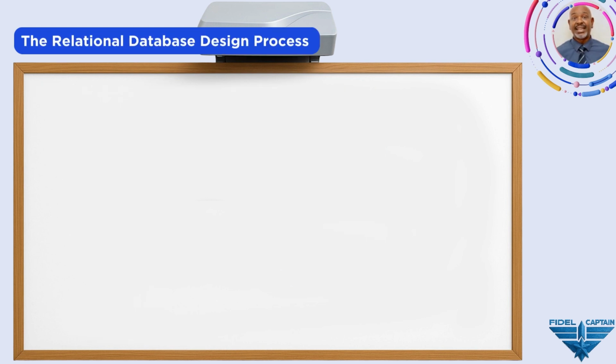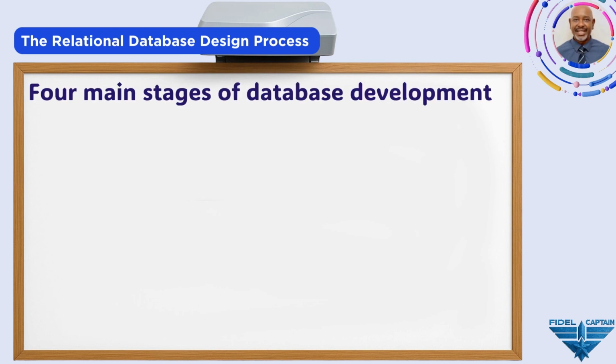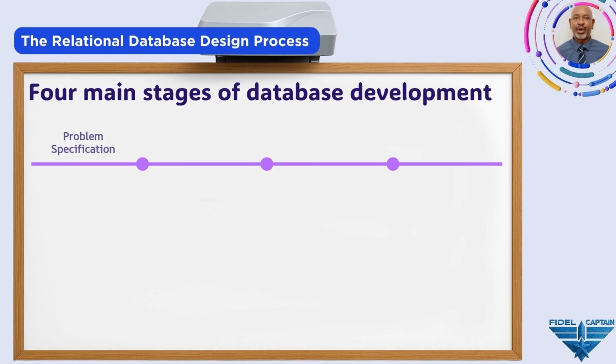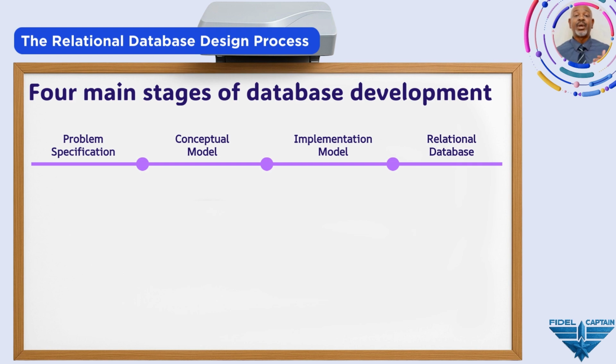The relational database design process. The 4 main stages of database development are the problem specification, the conceptual model, the implementation model, and the relational database. This means that the database design process takes you through 2 different models, the conceptual model and the implementation model.